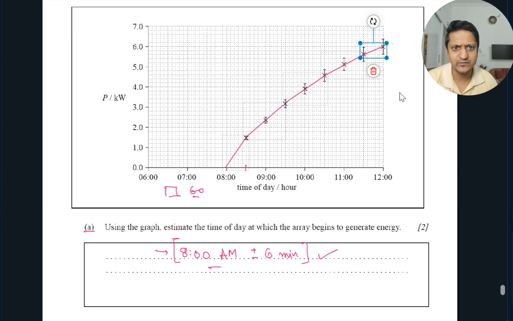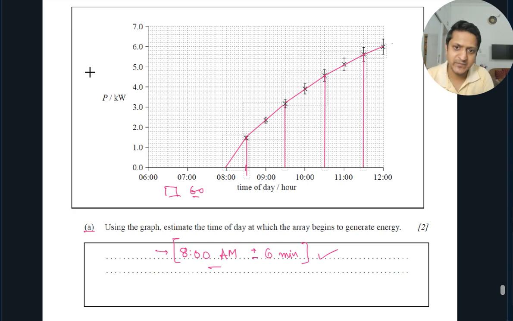See, what I am doing is I have just drawn straight lines. So these are the figures. Basically we have drawn like this.